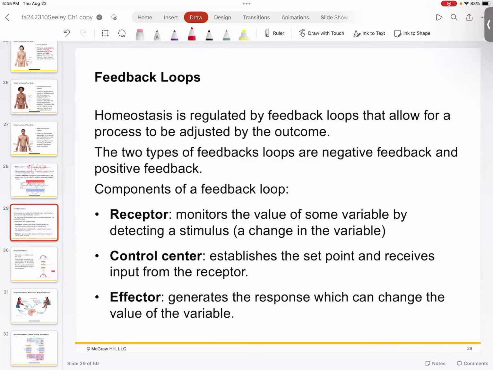Okay, let's talk about feedback loops. These are basically regulatory loops. It's a regulatory strategy because once you have homeostasis, you have to regulate homeostasis. And that means you need these loops. Now, here's how it works. Generally speaking, in regulation, you need a couple of different pieces.